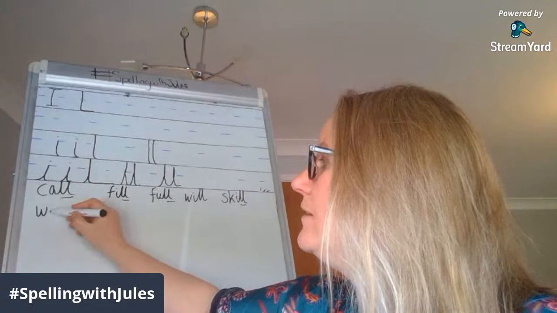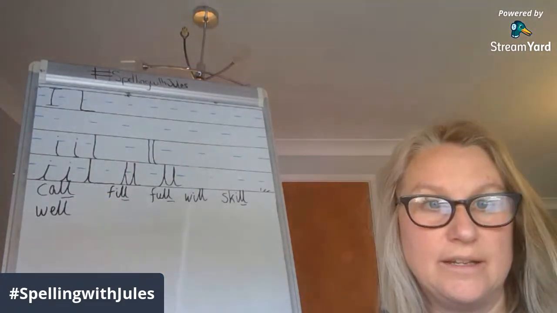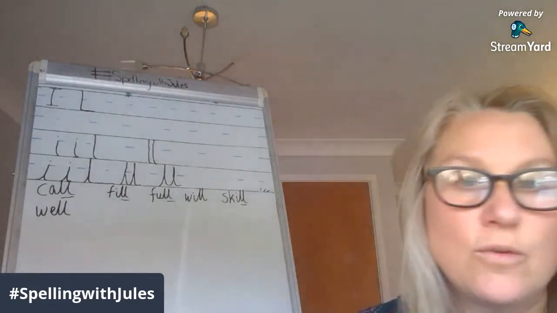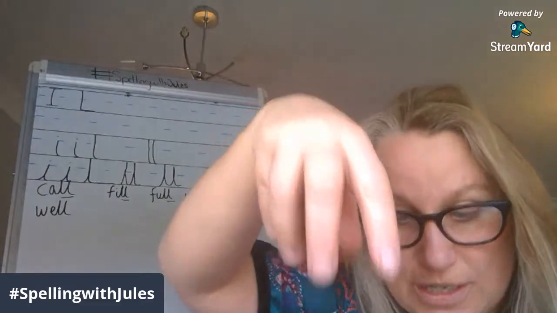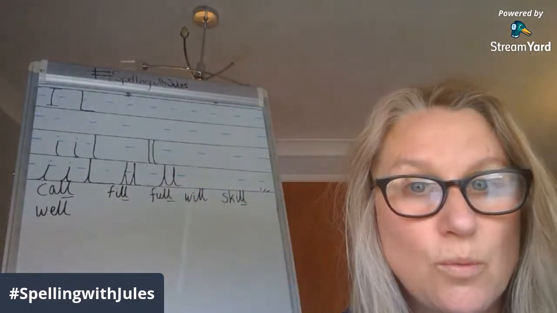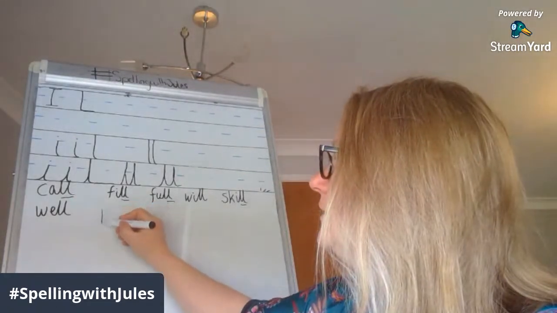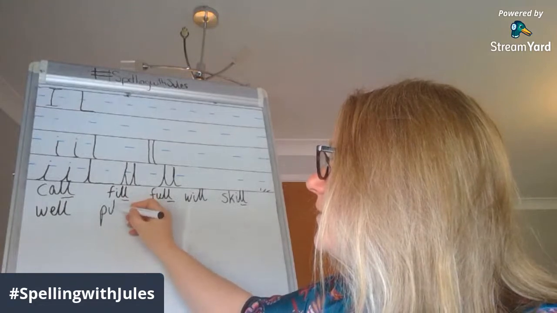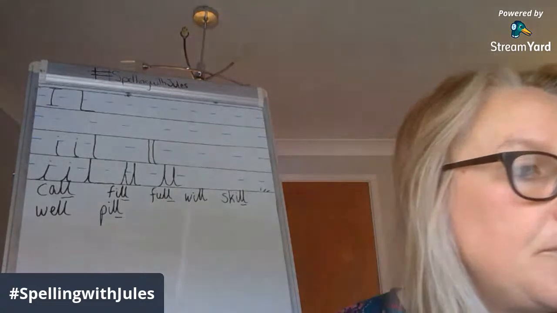I feel well today. Or we talk about our well-being, don't we? Well-being. Or it's also the same spelling, a well, you know, that you look down and you sometimes throw money in and you draw up water. That's a water well. Oh, Stephen, very good. Pill. Okay. Pill. Very good.